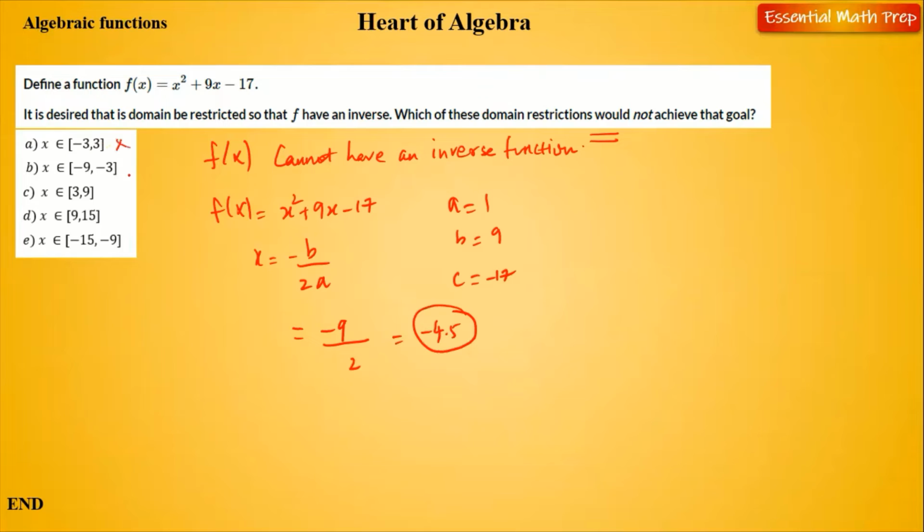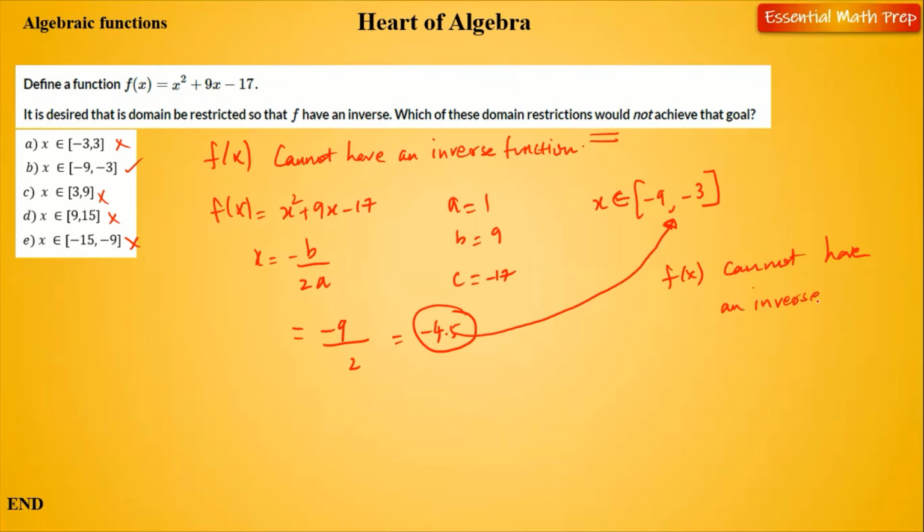It's not between this, it is between this, not between this, not between this. So if the interval for x contains elements negative 9 through negative 3, then negative 4.5 is part of this interval, under which condition f of x cannot have an inverse function.